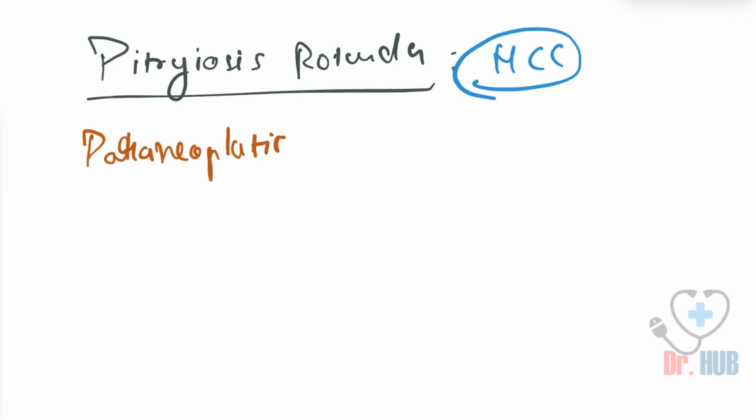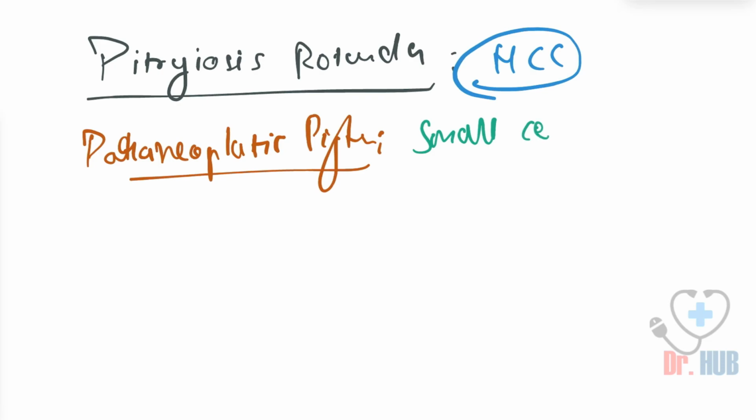This paraneoplastic pigmentation refers to small cell bronchial carcinoma.